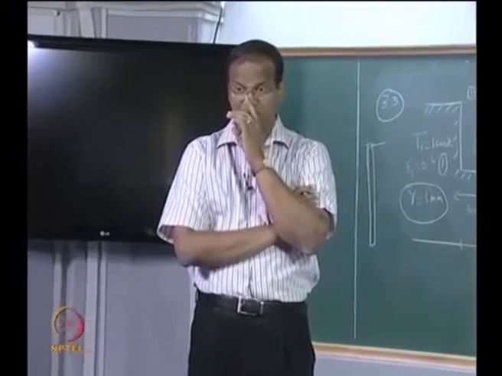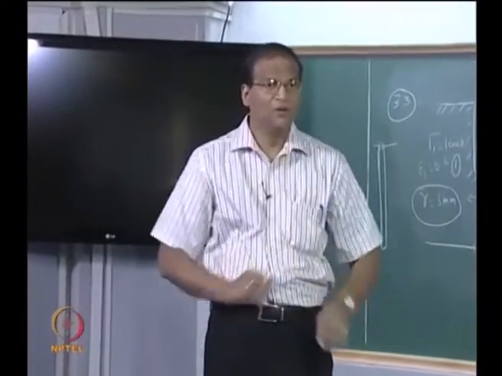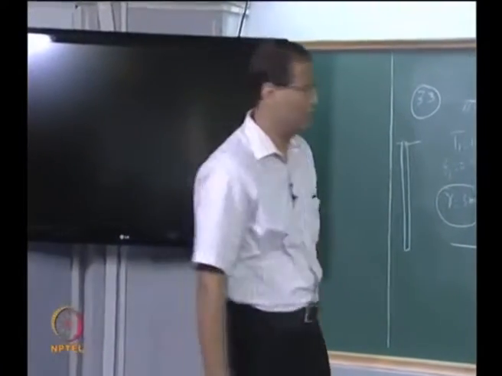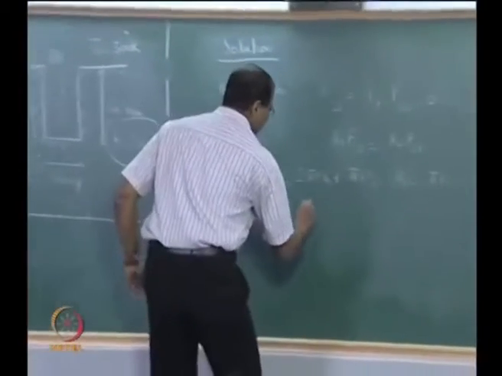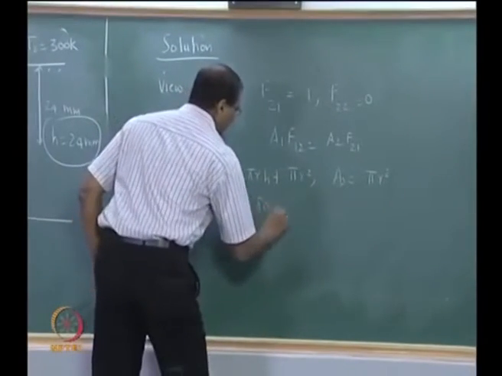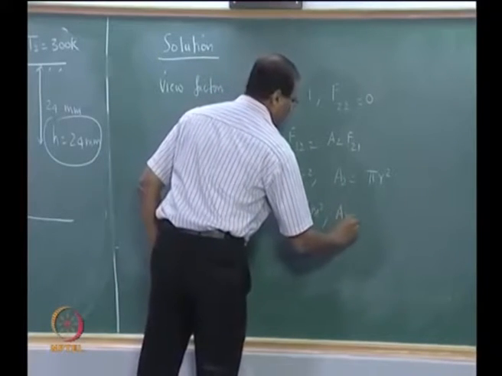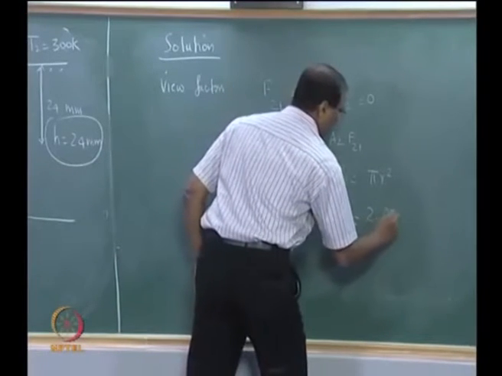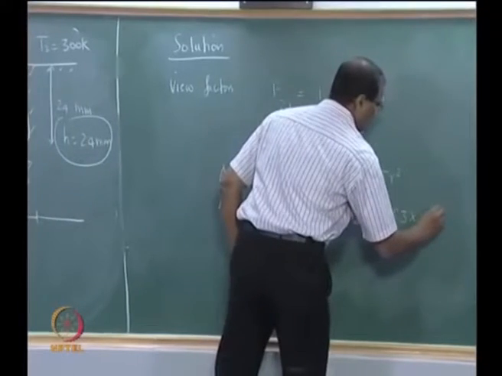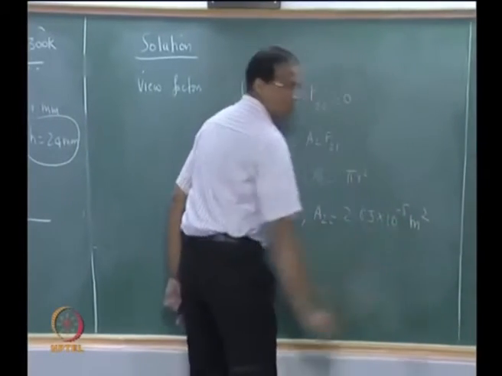Four point eight into 10 to the power of 4.8 into 10 to the minus 4. Okay. Correct.